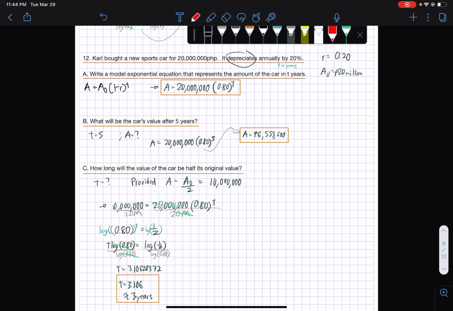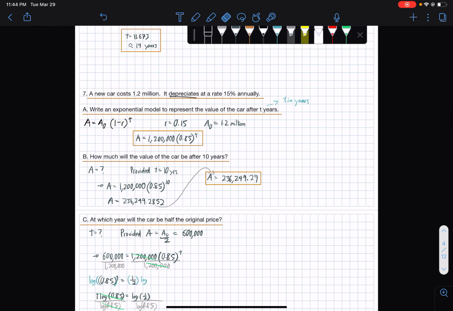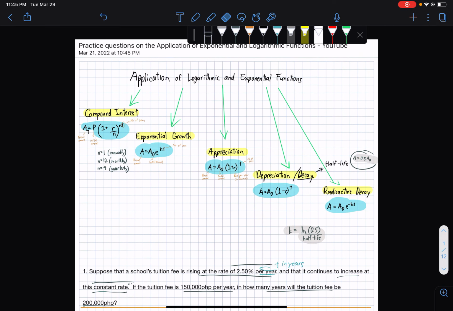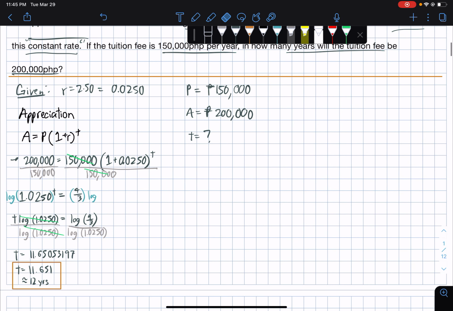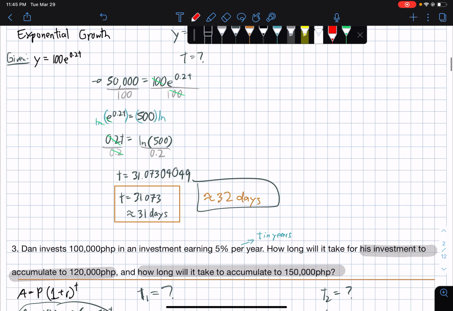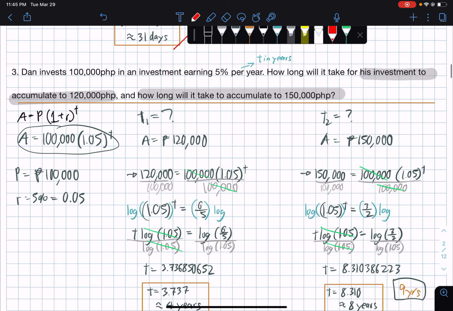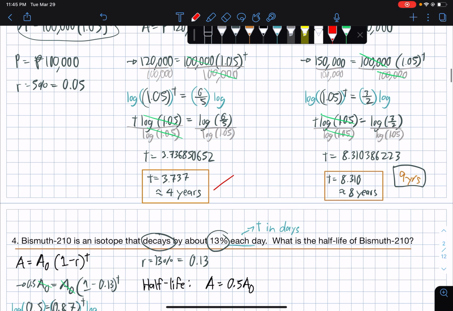So yeah, let's check our answers from 1 to 12 just to make sure. Alright, for number 1, about 12 years, or 11.651, okay, correct. About 32 days, 31 days, oops, why do we keep pressing that? Anyways, number 3, correct.